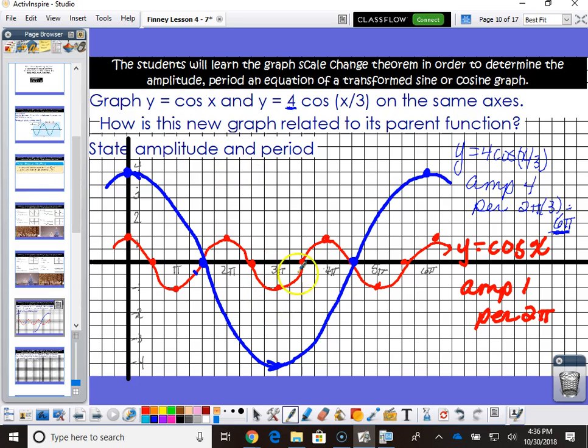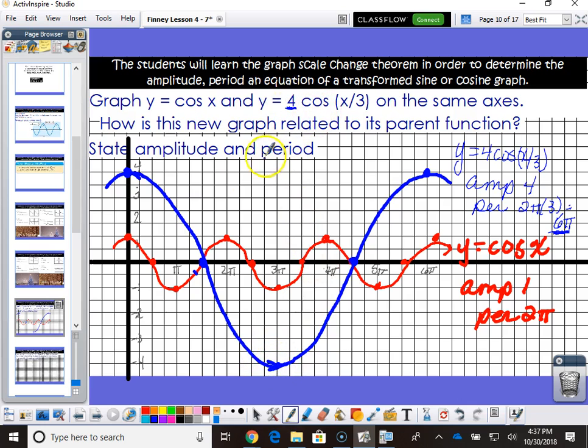Well, the other points that we plot are strategically placed throughout the unit circle. One of them is halfway through the period. It's at pi. Well, what's half of 6 pi? Half of 6 pi is 3 pi. So if I do 3 pi divided by 3, that's pi. The cosine of pi is -1. -1 times 4 is -4. That's how I got that point.